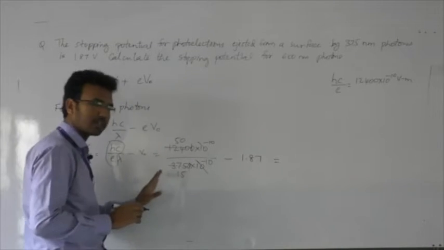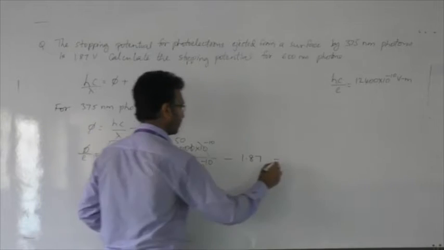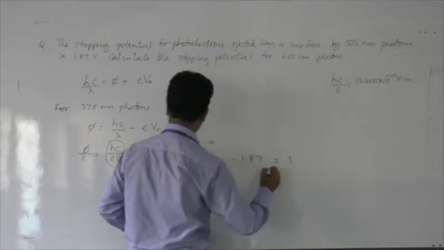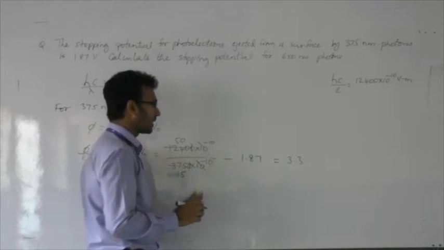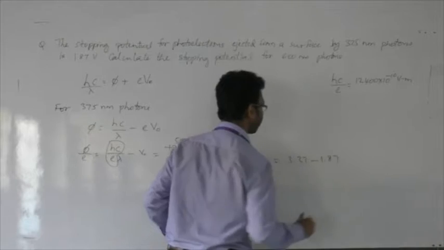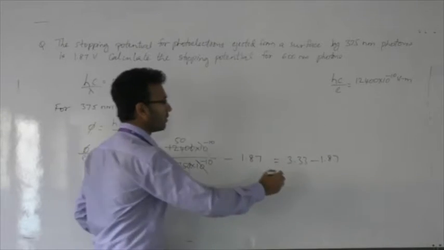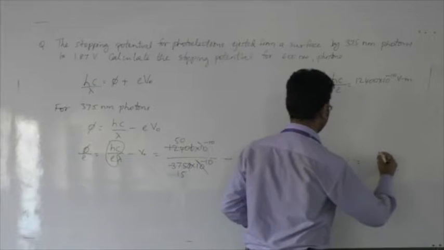I'm doing some approximations. 50 by 15 is roughly around 3.3. Let's say it's 3.33 minus 1.87. So what will it be? 3.33 minus 1.87.